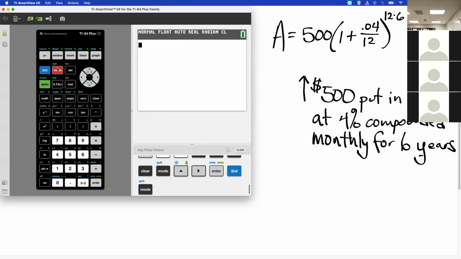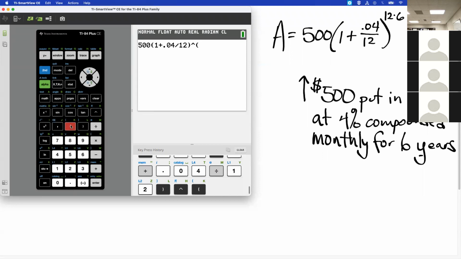Here, this is what it would look like on your scientific calculator. You do 1 plus 0.04 divided by 12, and then it'll most likely show that symbol. You're going to have to put the power in parentheses on its own.